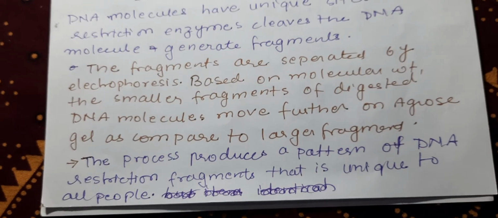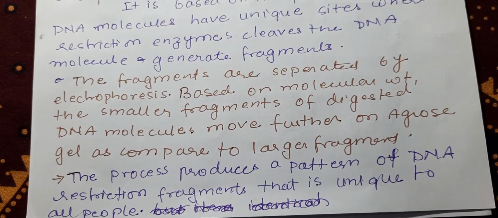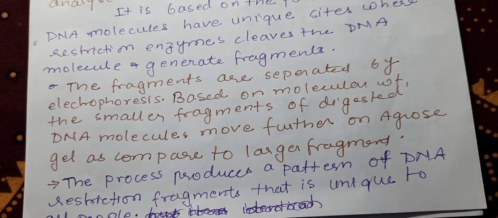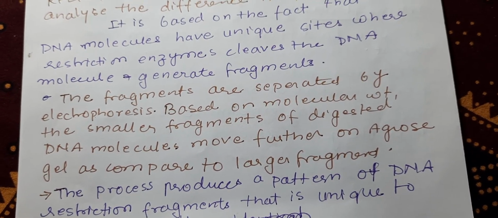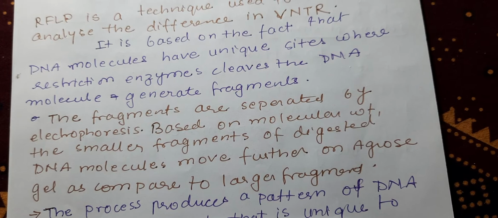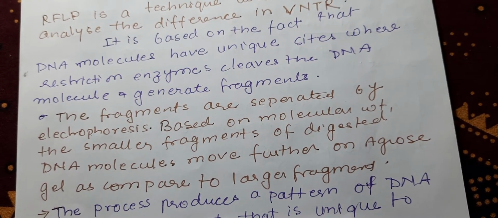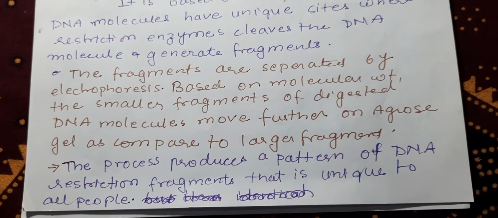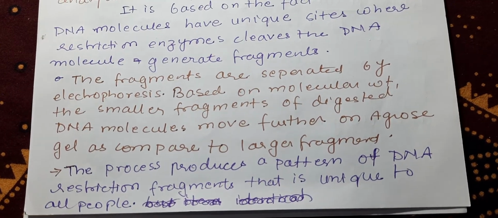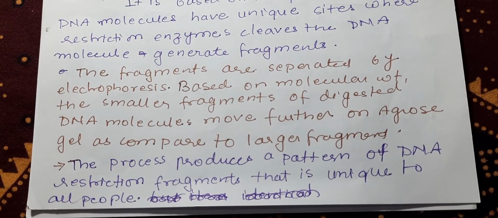The fragments are separated by gel electrophoresis based on molecular weight. The smaller fragment of digested DNA molecule move farther on agarose gel as compared to the larger fragment. The process produces a pattern of DNA restriction fragment that is unique to all people.